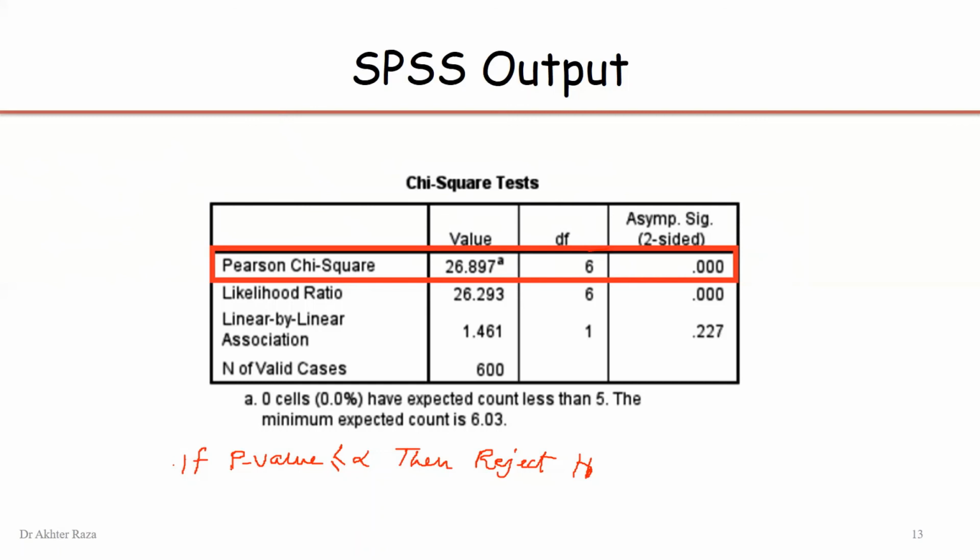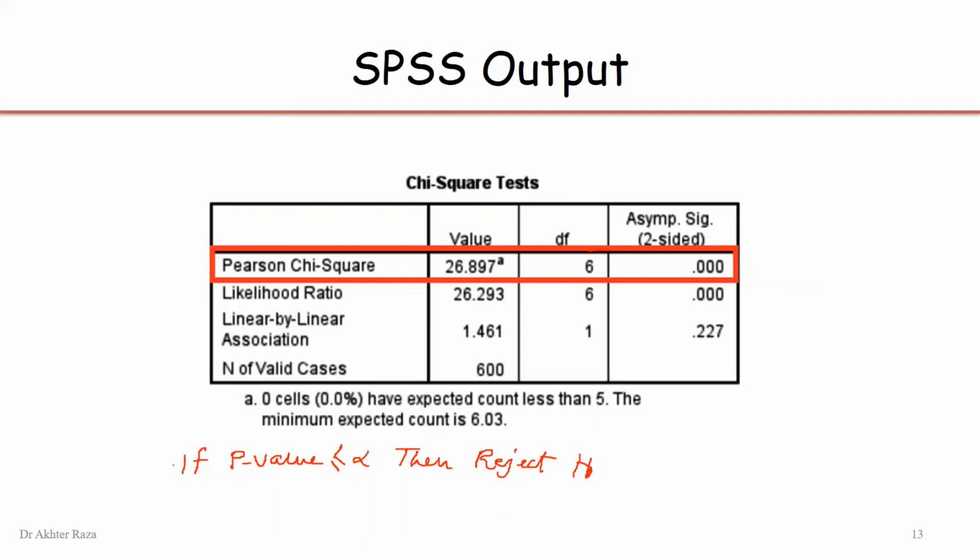And the conclusion is that the two variables, race and region, have association among themselves. The data provides sufficient evidence to conclude at the 5% level of significance that race and region are associated to each other.